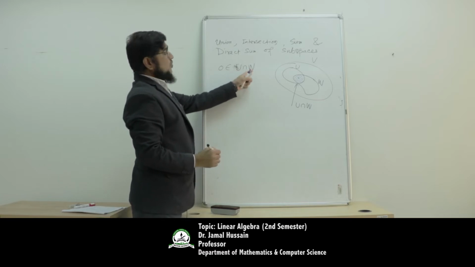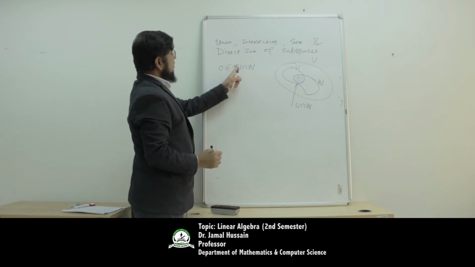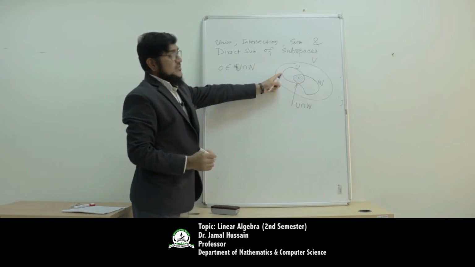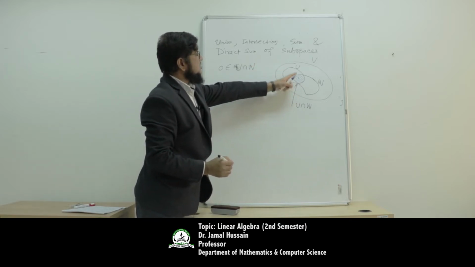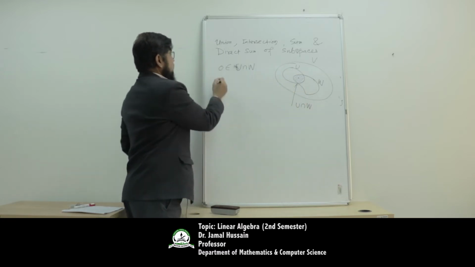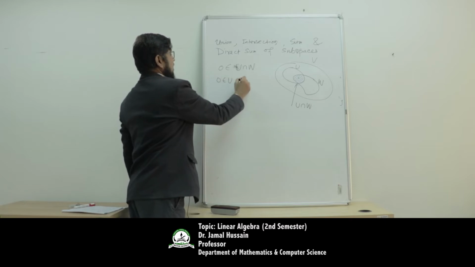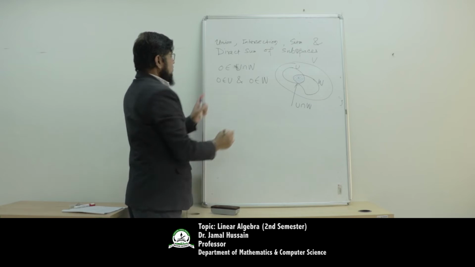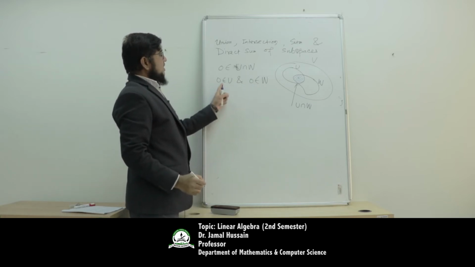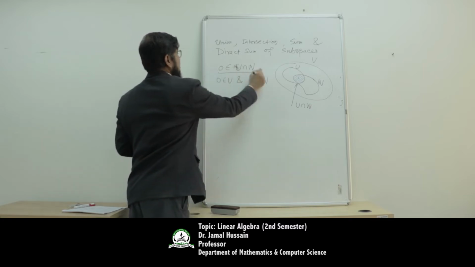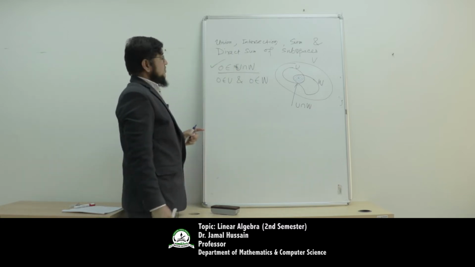Intersection means which is in both. We assumed U and W are subspaces. Since these are subspaces, they contain 0 of V. So we know 0 belongs to U and 0 belongs to W, so obviously this 0 belongs to the intersection.